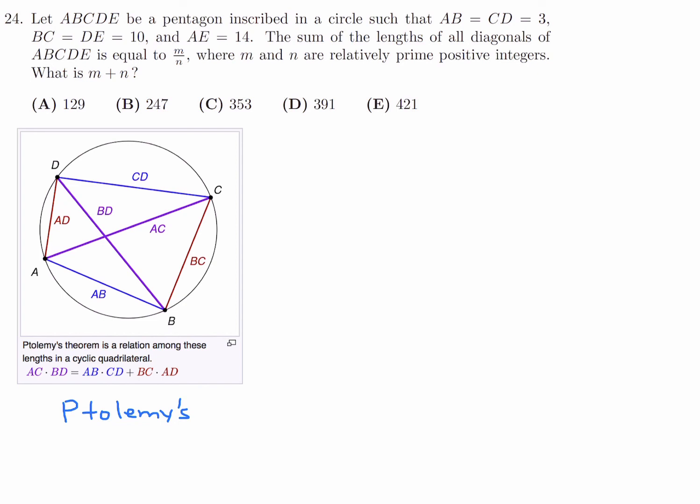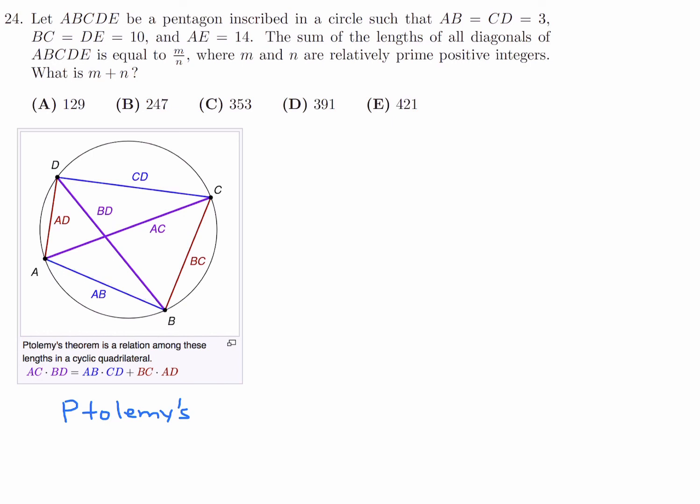It states that if you have a circle and inside you've got this quadrilateral, then this holds true: AC times BD, the two diagonals, when you multiplied, is equal to AB times CD, this side times that side, plus BC times AD, this side times that side. So that's what we're going to use in this question.